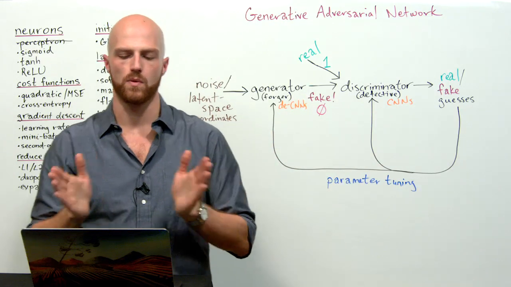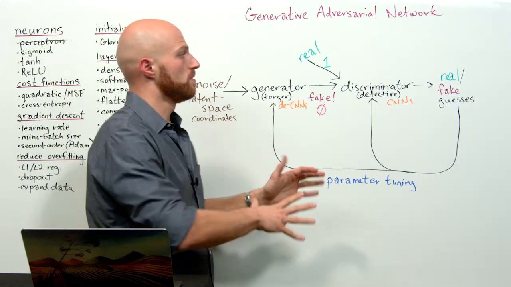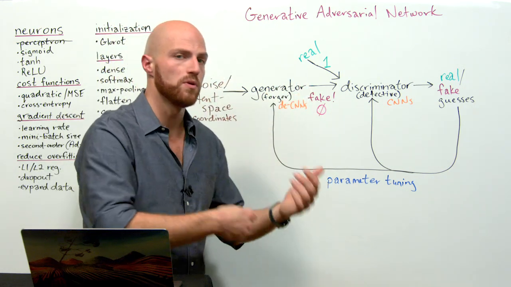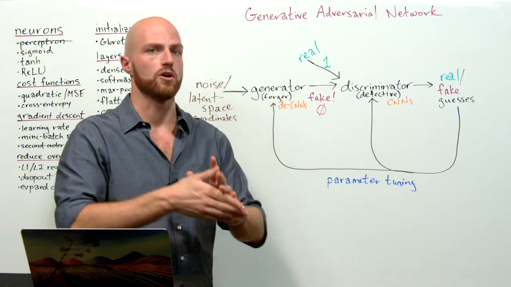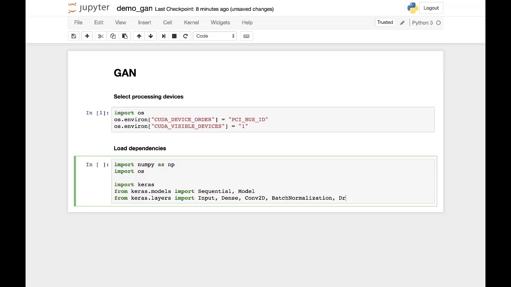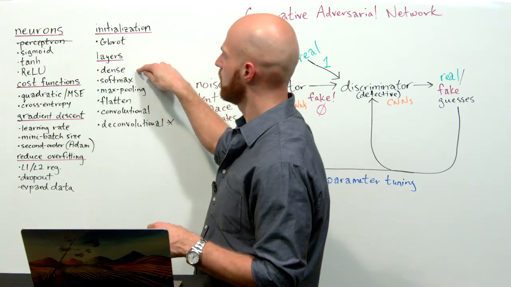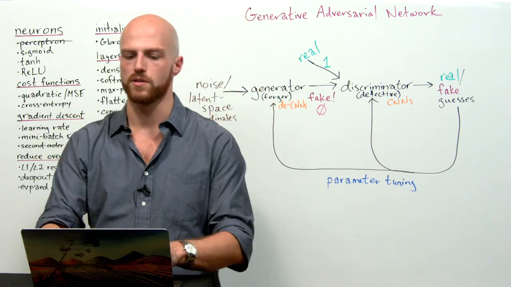There are so many layers that we want to use batch normalization to make sure that the outputs of our layers don't experience something called covariate shift. We'll get into that a bit more later. We're going to use dropout to avoid overfitting, and we're going to use flatten to convert multidimensional, so 2 or 3-dimensional, outputs into a single array for our dense network.